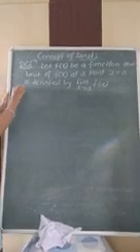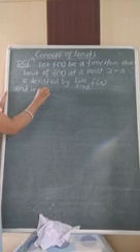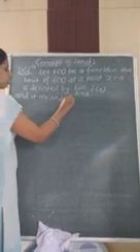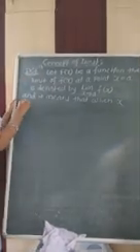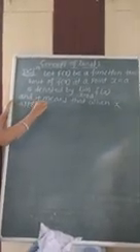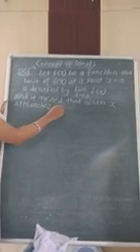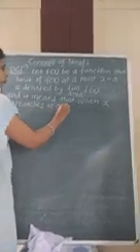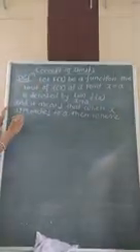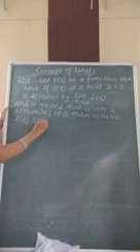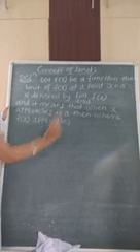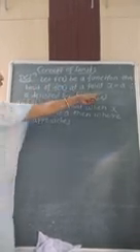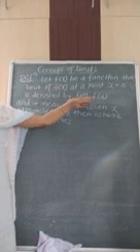And it means that when x approaches a, then where is f of x going. The function f of x at x equal to a is denoted in limit x tends to a f of x.